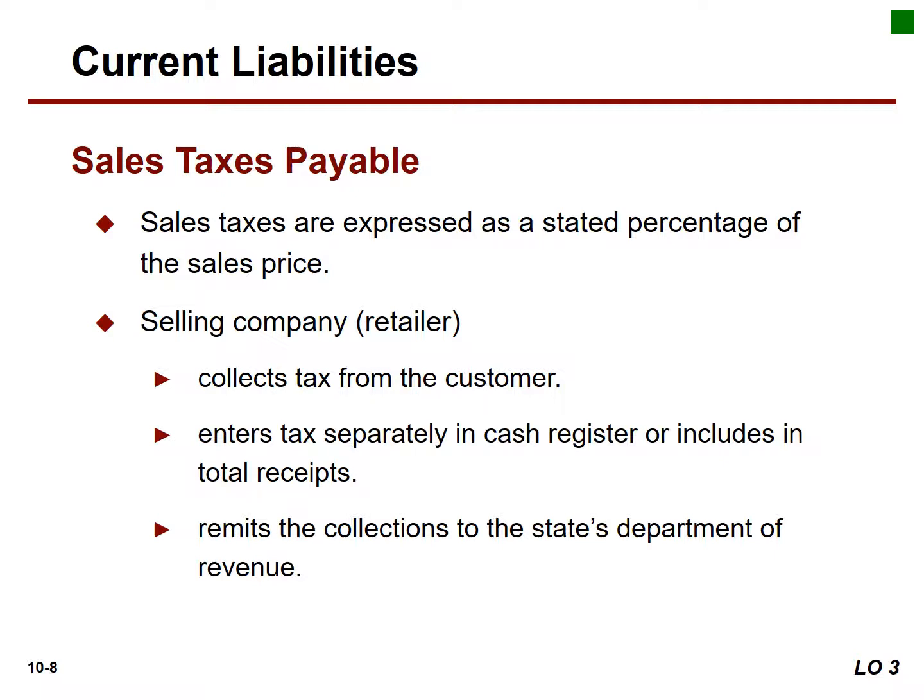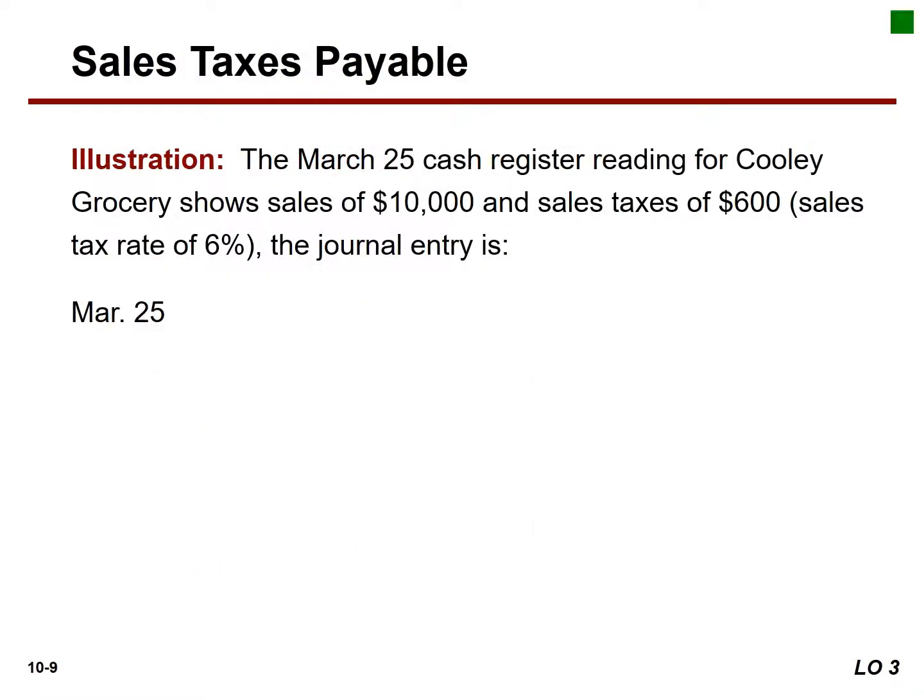So when a retailer sells their inventory to consumers and they collect the tax from the customer, this creates a liability to the retailer because that money that they're collecting from their customers does not belong to them. It belongs to typically the state government. So let's look at an entry for that here in just a second.